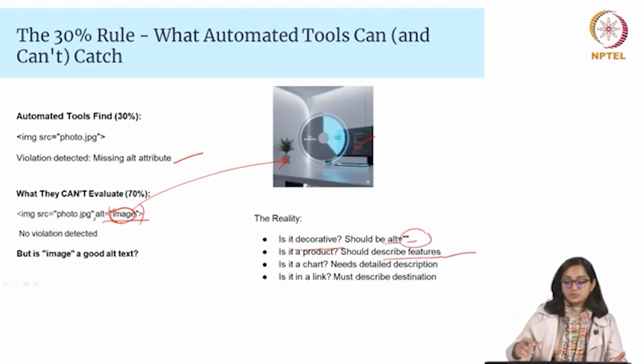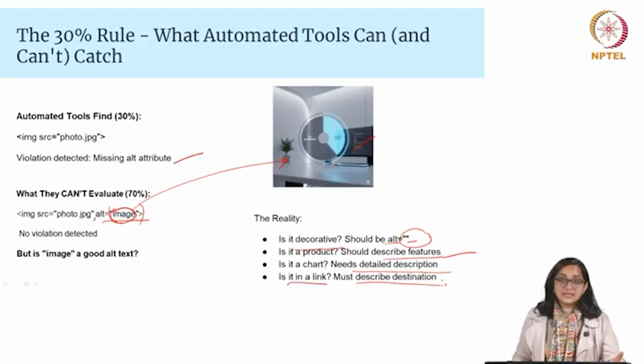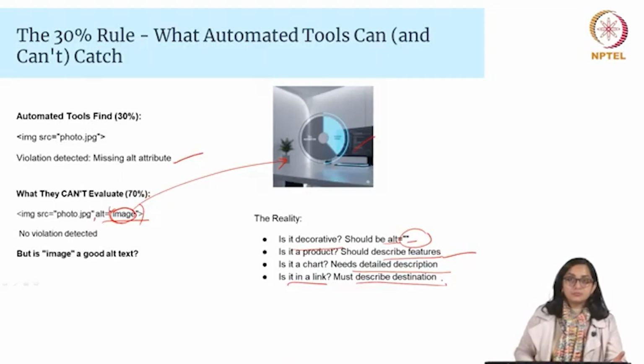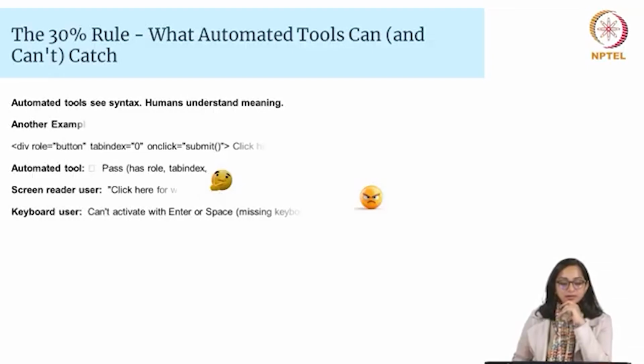If the image is showing a chart, then you need a detailed description, maybe also a link to the table. Is it a link? Then you should describe the destination. Add the destination in the alt text also, if it's a clickable image. So automated tools see syntax, humans understand meaning.